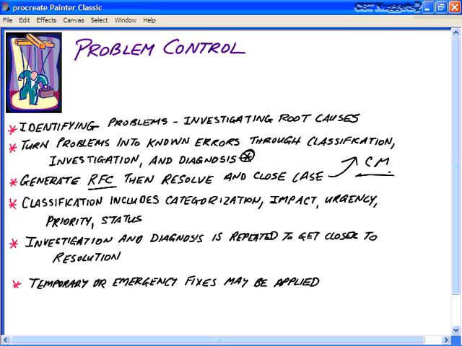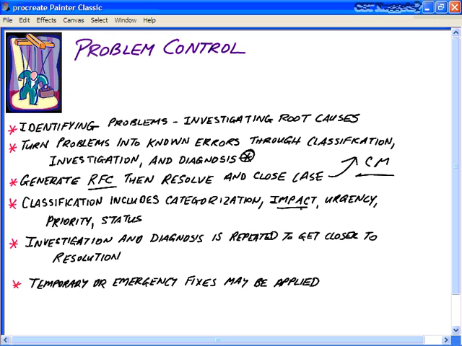We categorize it. Then we justify allocating resources to this problem by judging its impact. What is the impact on our business process? What is the impact on the bottom line? This could be impact in terms of time, in terms of financial, in terms of personnel needed to be moved to this problem. Is it urgent?